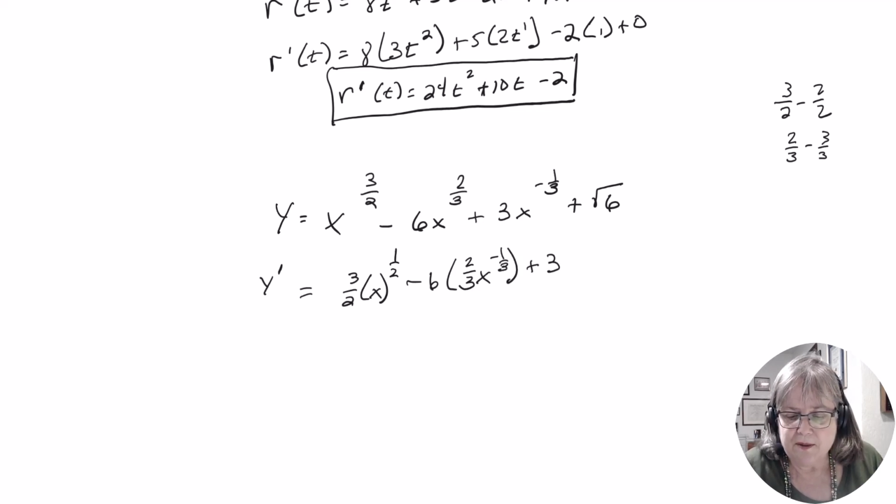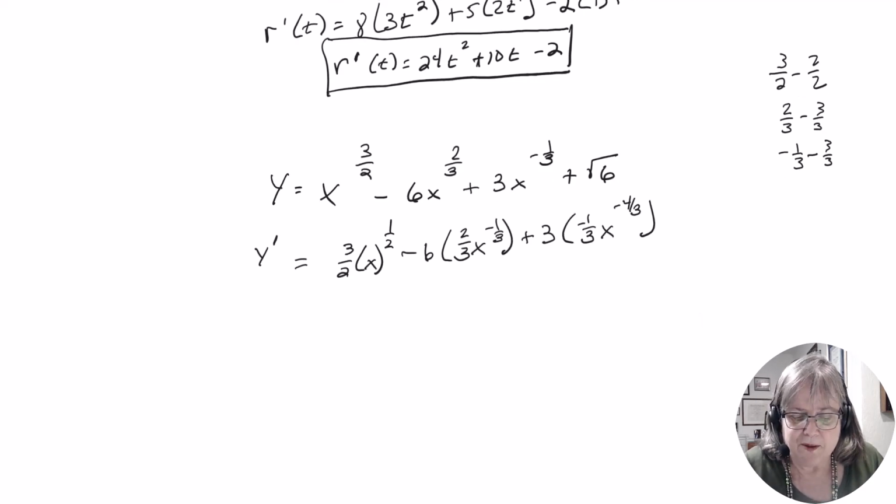Plus 3, bring the minus 1/3 down, x to the minus 1/3 minus 3/3, is what? Minus 4/3. And the derivative of a constant is 0. I'm not going to write the 0 down.